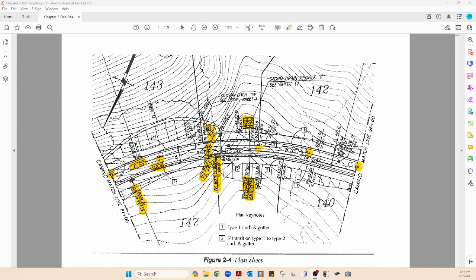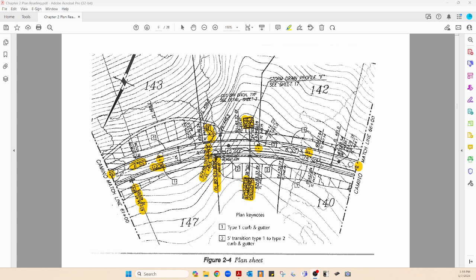On every set of drawings, you're probably going to have all three of those items. You're going to have a plan and a profile. Usually, they may come together, like on top will be the plan, on the bottom will be the profile, and then somewhere there'll be a sheet with the typicals, as I call them, which is the cross sections and at what stations they will work, let's say.